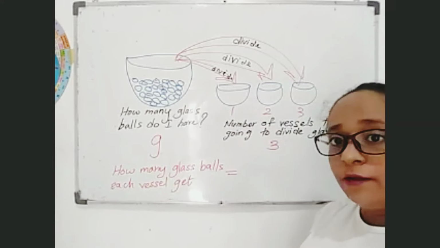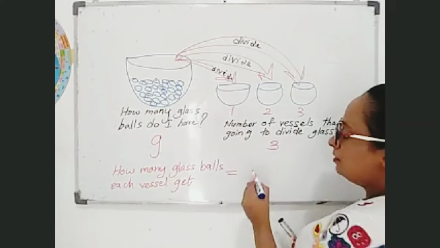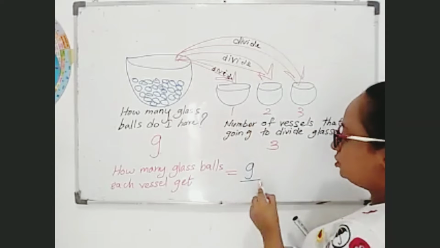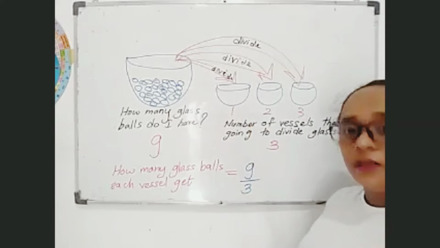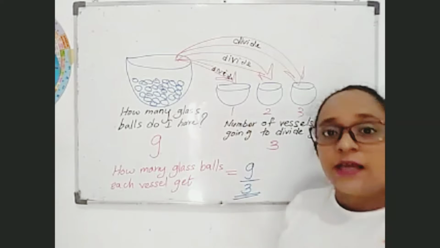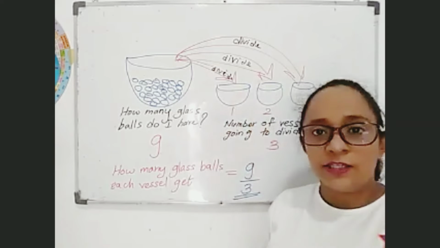So how can I find this? I have G number of glass balls and I'm going to divide it into 3, so it will be G divided by 3. This is the amount of glass balls that I'm going to put in each of these vessels.